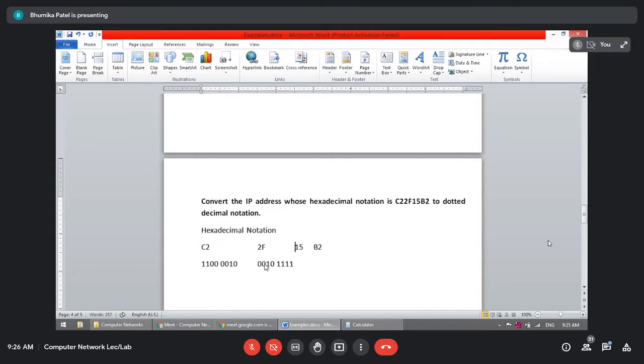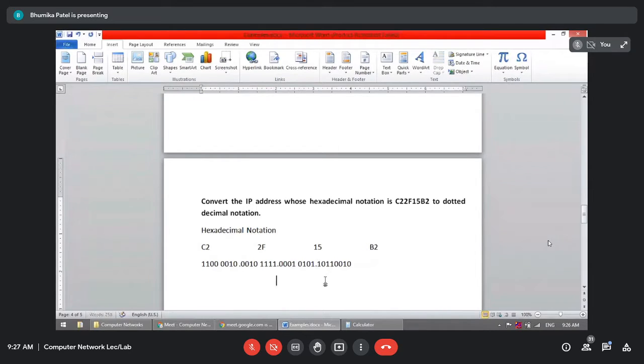Then next is 15, actually it is 1, so it is 0, 0, 0, 1. Then 5 means 0, 1, 0, 1. Then B2 means B is 11, so it is 1, 0, 1, 1, and 2 means 0, 0, 1, 0. Okay, so this is the binary. So it is just putting dots between them.